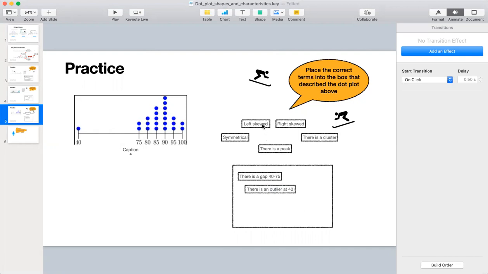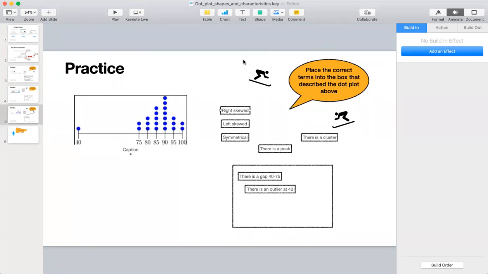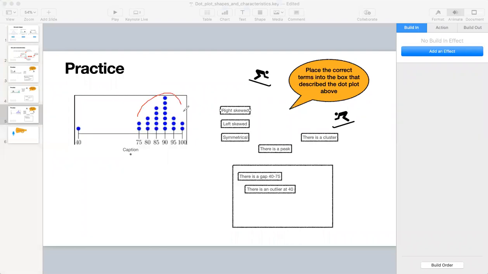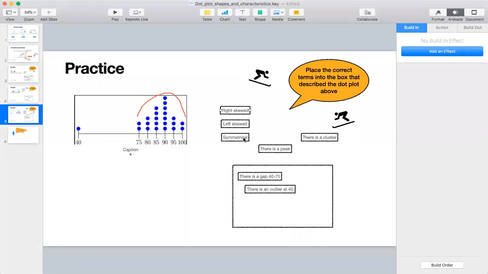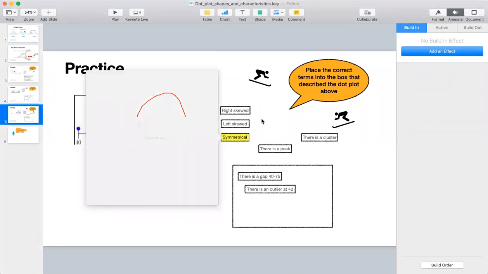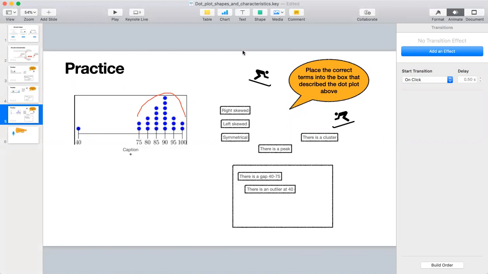Is it left skew, right skew, or symmetrical? As you can see, there are some points on this right side, besides an outlier. It is very even. Okay, so it is symmetrical. So I'm going to move symmetrical right here.